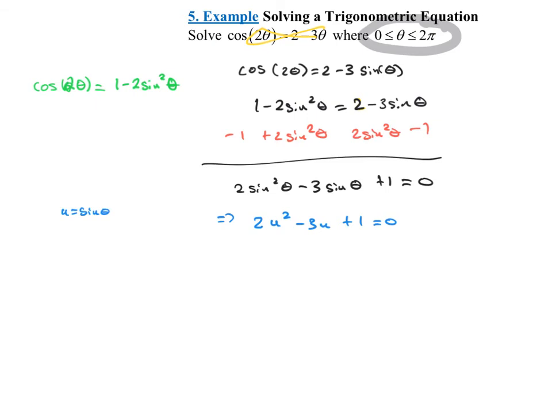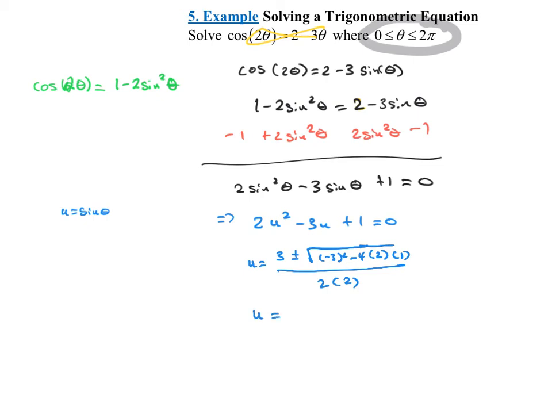I don't care how you solve quadratic equations in this class. Do you know how to factor them? And if you don't, could you at least do the quadratic formula? Remember, the quadratic formula is negative b, so that would be a positive 3 in this case, plus or minus the square root of b squared, which would be negative 3 squared, minus 4 times a, which is 2, times c, which is 1, all over 2 times a, which is 2.